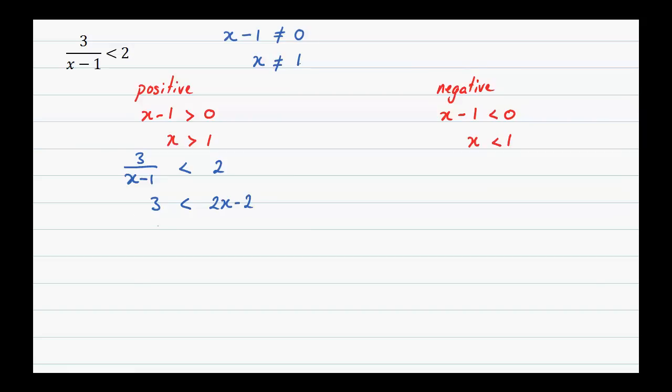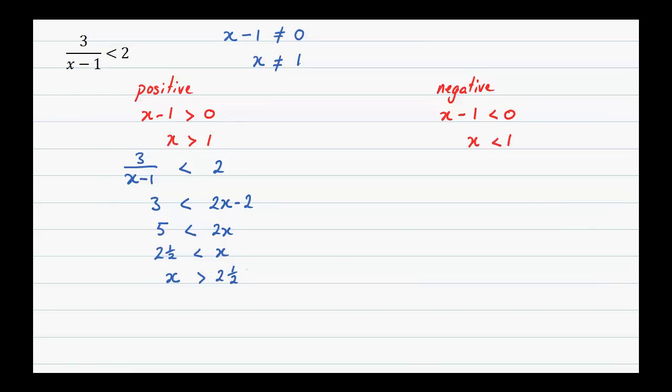I add 2 to both sides, so 5 is less than 2x. And divide by 2, so 2.5 is less than x. A lot of the time people prefer to change that around and write it as x is greater than 2.5. So you can do that as well.